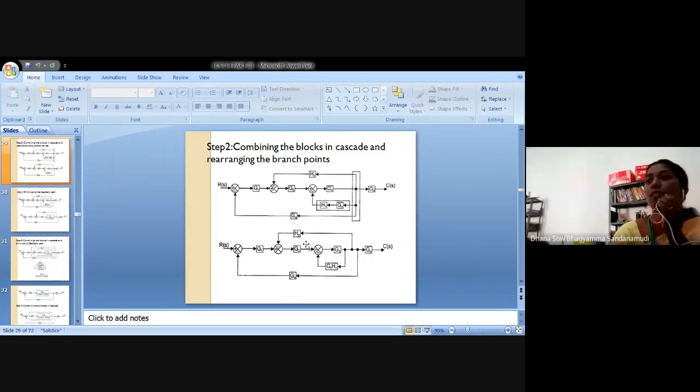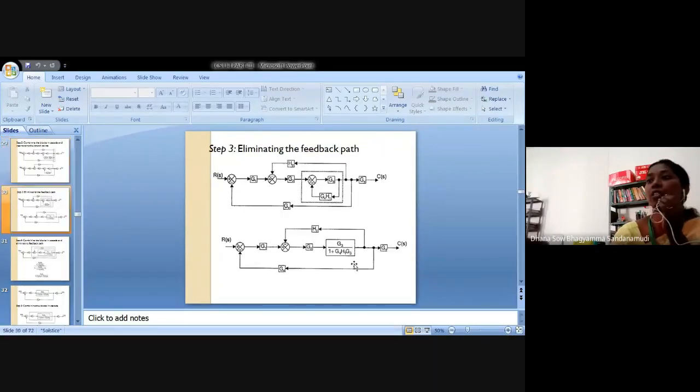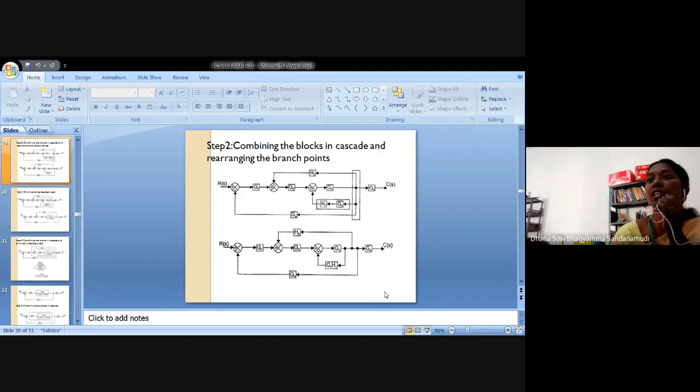So what I have to do is eliminate the feedback path, the negative feedback path. So I will get G3 by 1 plus G3 G4 H1. Step number 3, eliminating the feedback path. I hope you have drawn this diagram.